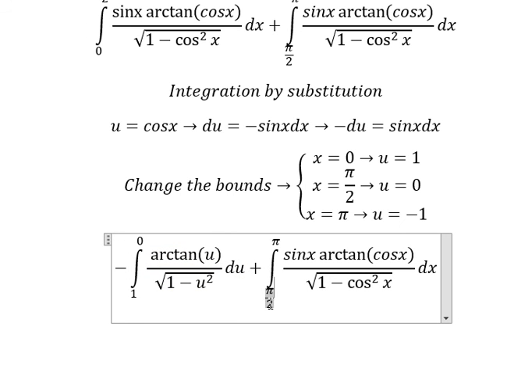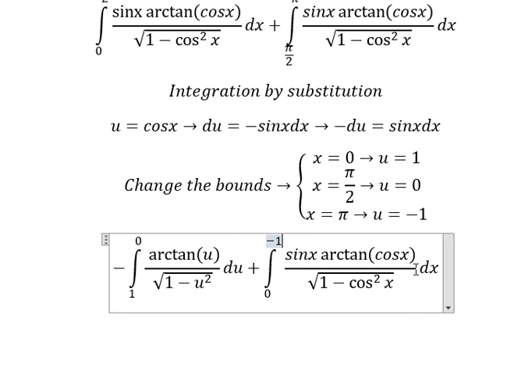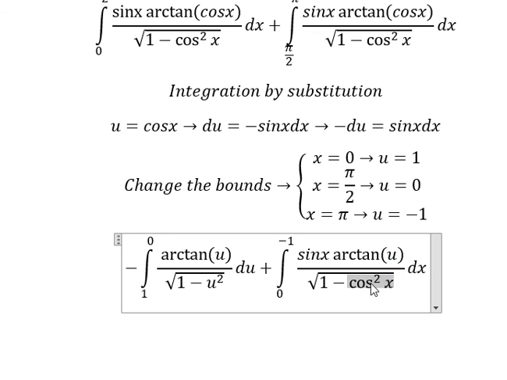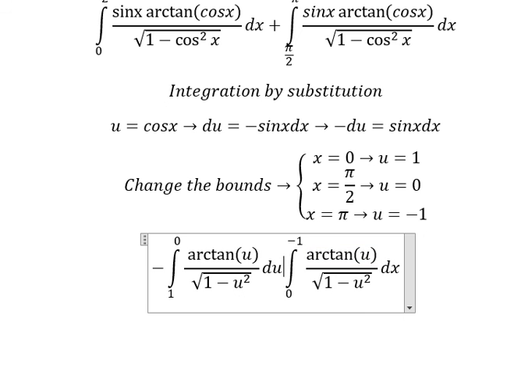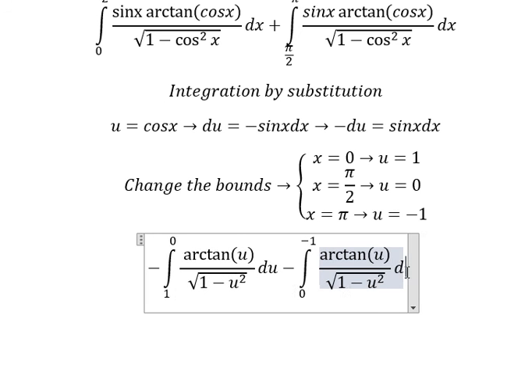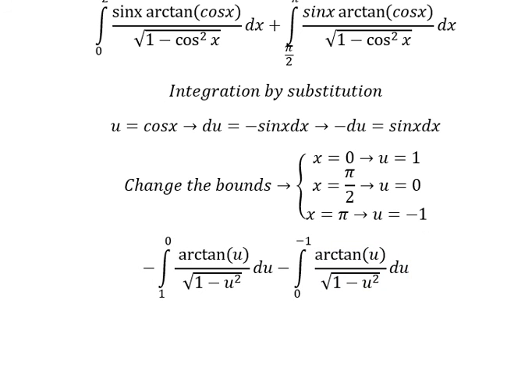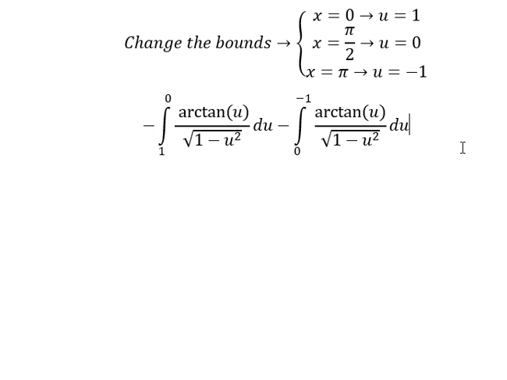This one we change for 0. This one we change for negative number 1. This one we change for u squared. Sine x dx we change for negative du. Because we have negative, we can do factorization.